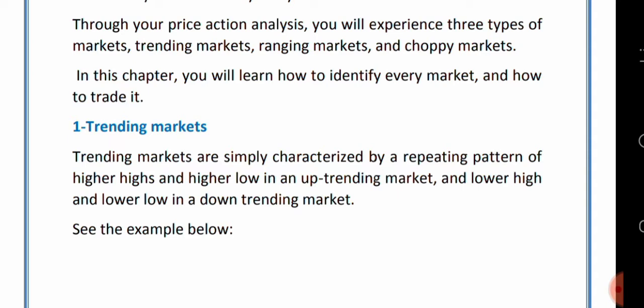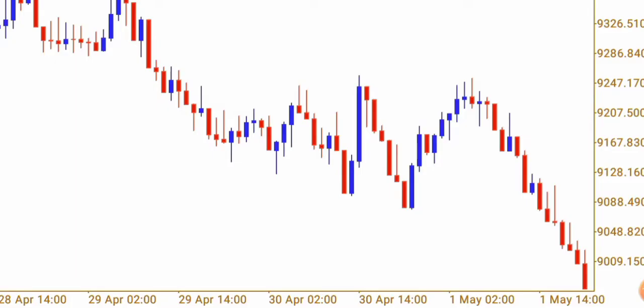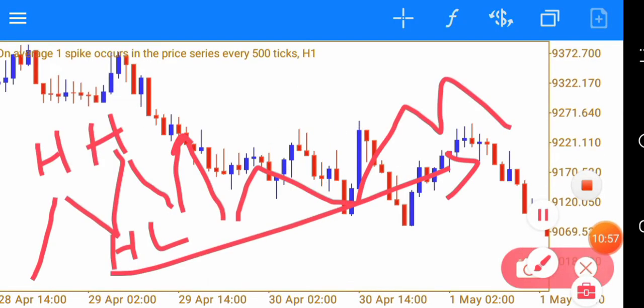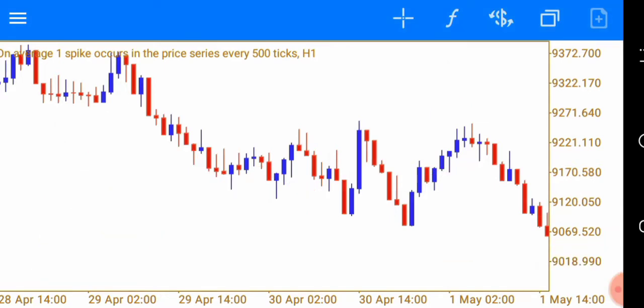So now let's see on the charts, in a downtrend, the lower highs and lower lows. Hang on guys, let me fire up the charts to show you. Alright, here on the chart is a downtrend. Okay, let me highlight it for you.